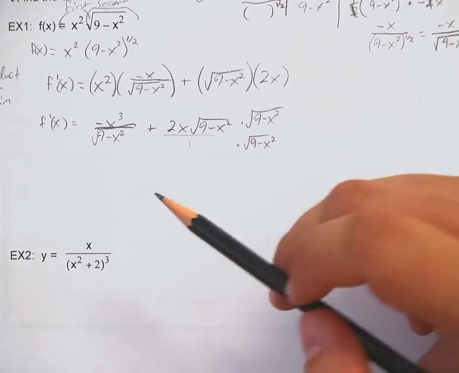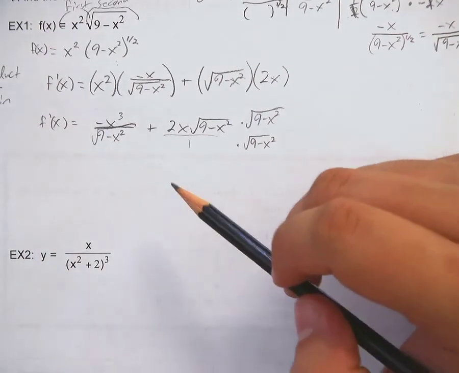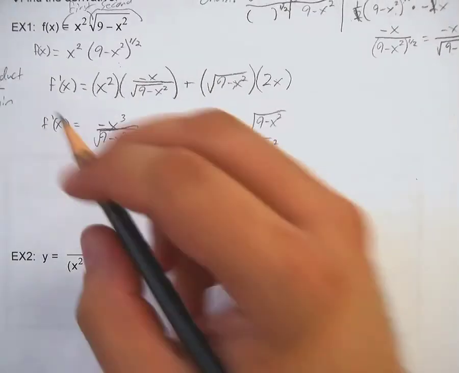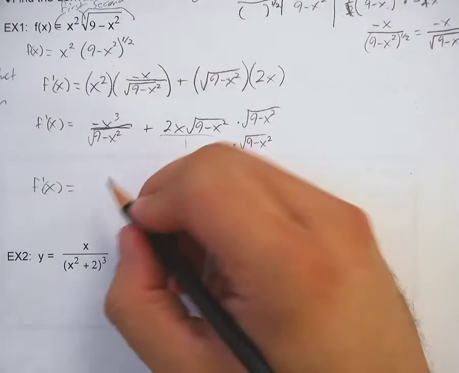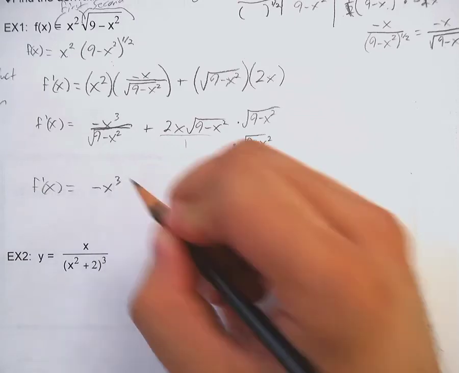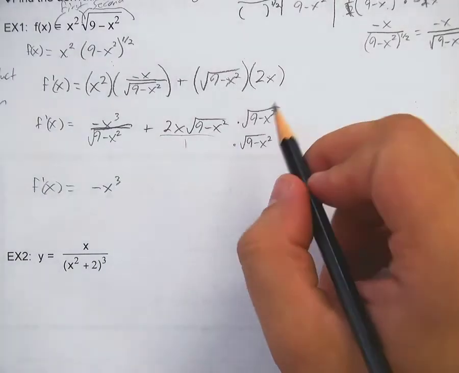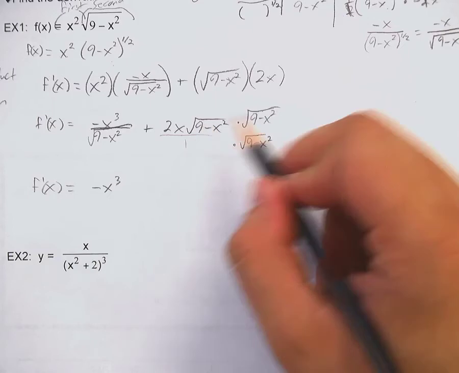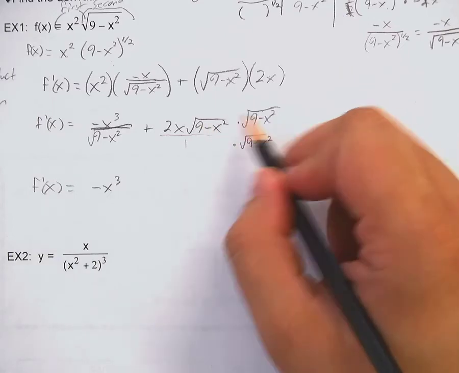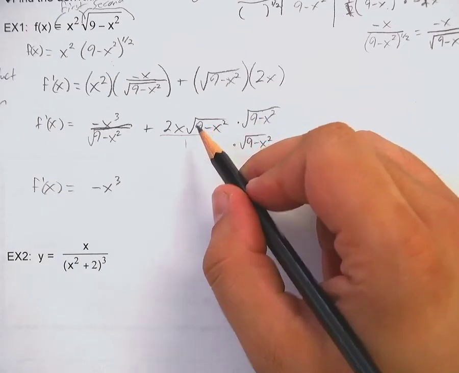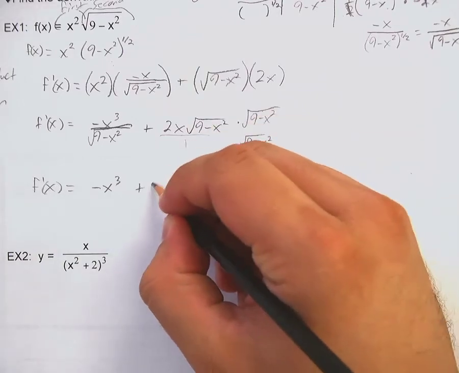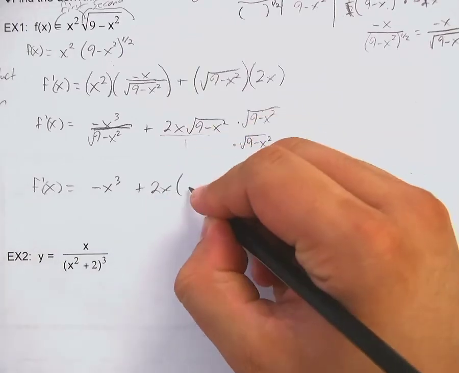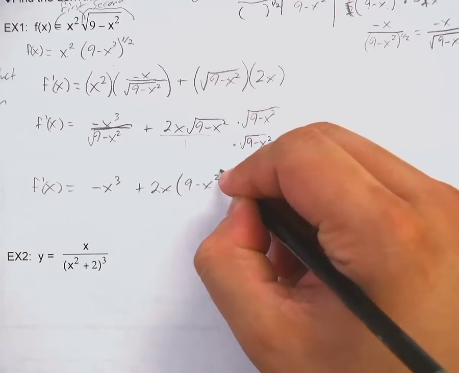And you'll be surprised how much more simplistic this actually makes our job. So this is going to be negative x cubed. Now when I multiply this guy here, what's going to happen to a square root times a square root? It's just going to go away. So isn't that plus a 2x times 9 minus x squared?